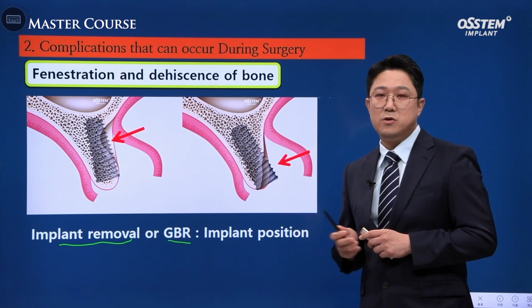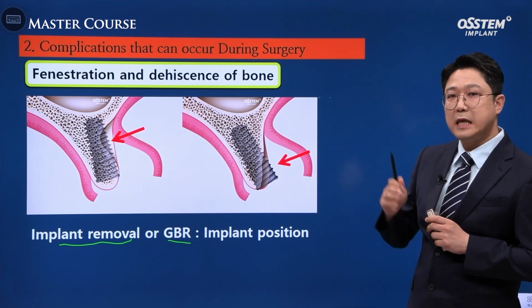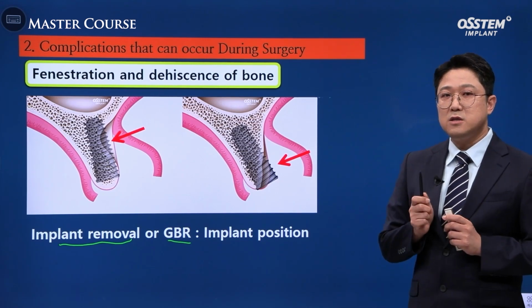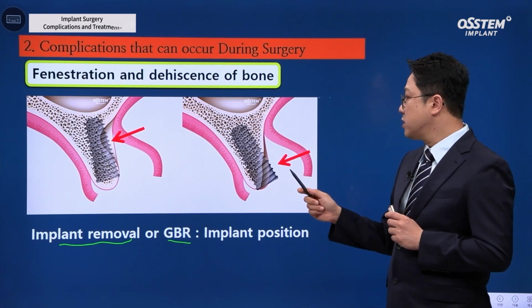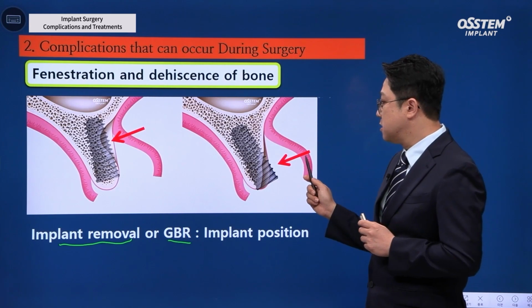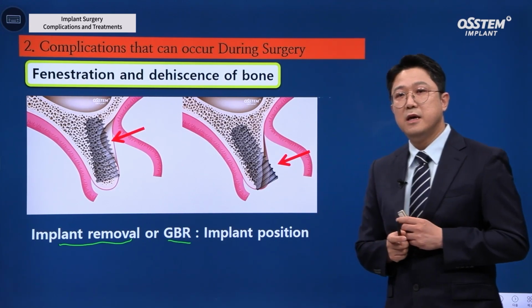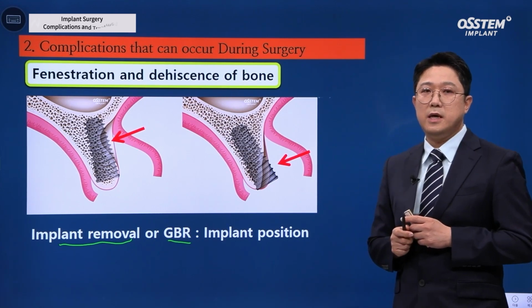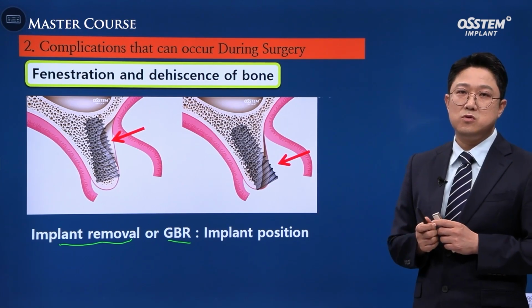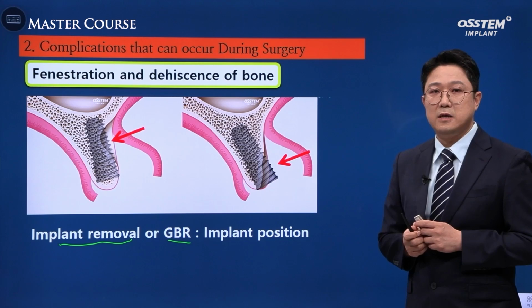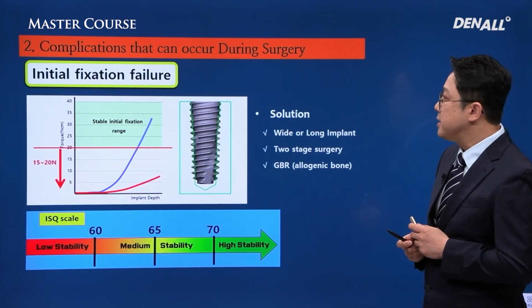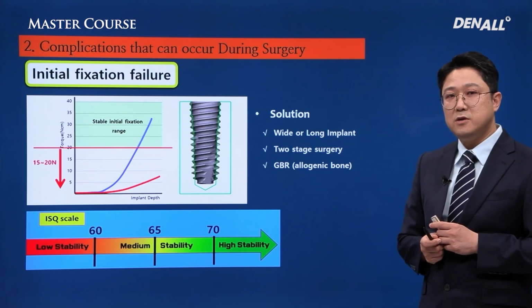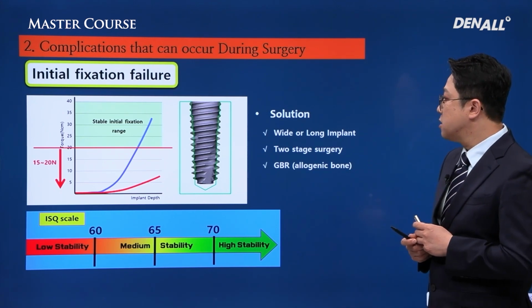If implant placement is not easy, you can do surgery later after closing the site. Regardless of the decision you make, what is important is that if you observe fenestration or dehiscence, you need to treat it properly in order to increase the success rate of the implant. Also, primary stability may be an issue in implant placement.